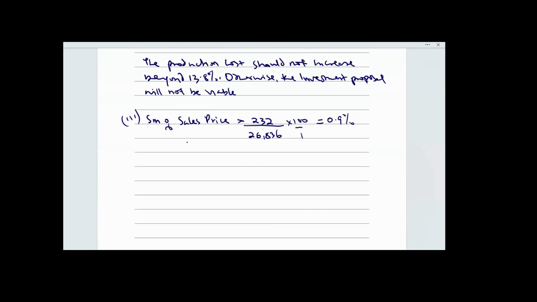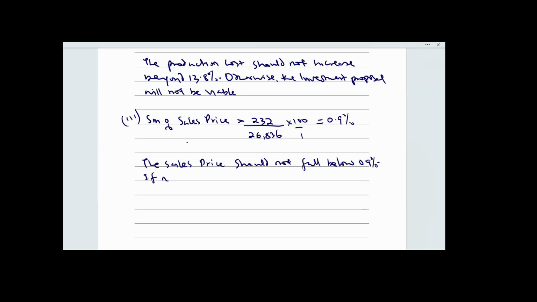So this means that the sales price should not fall below 0.9%.